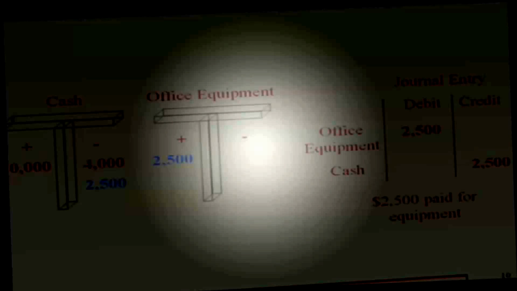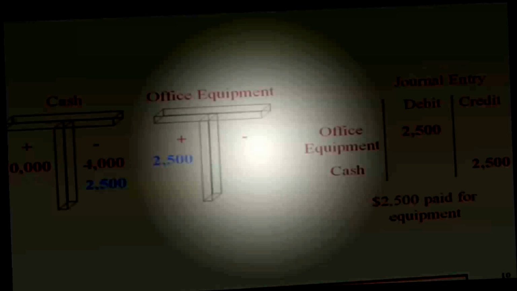For cash, I put in the balances brought forward from prior transactions. And as I told you, cash is minus $2,500, office equipment plus $2,500. Here it comes. You have to record a journal entry which looks like this. I think you're getting the hang of it.